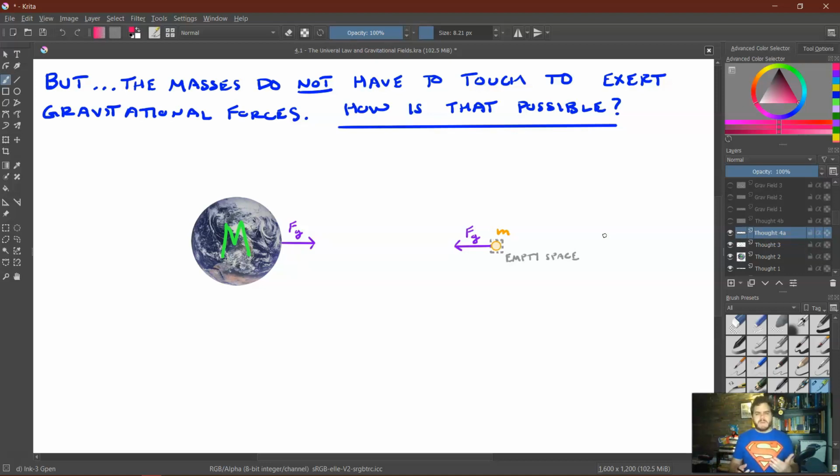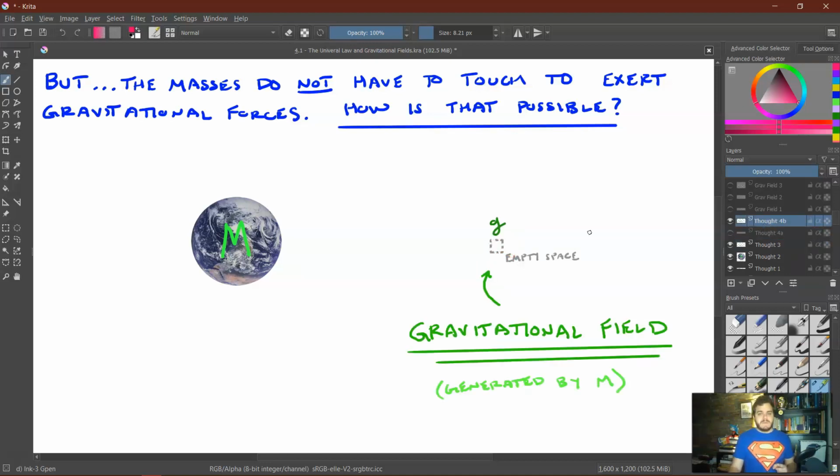That the big mass is going to pull the little mass with Fg, and the little mass is going to pull the Earth with Fg. But the question is, if we don't have that there, is there something still happening here? And the answer is yes. There is something here known as the gravitational field, generated by this big mass.